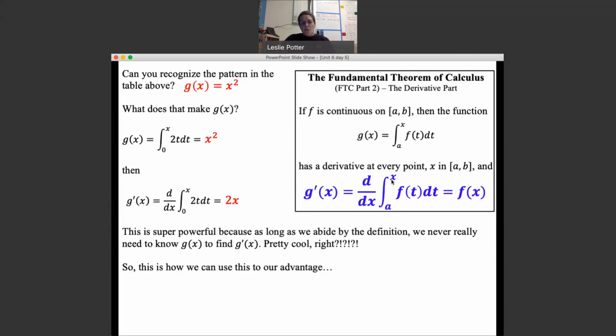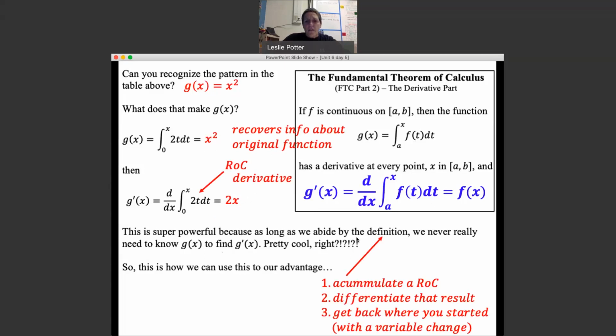So it's kind of like a do and undo thing. Start with the rate of change, I accumulate, and then I differentiate, and I get back what I started.